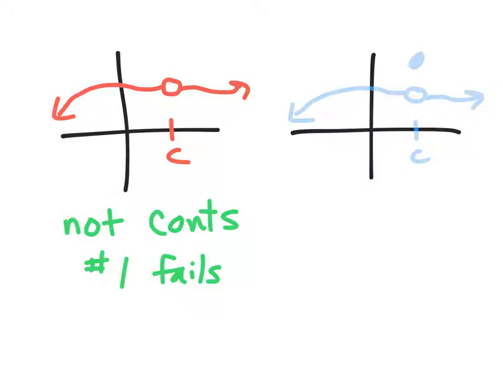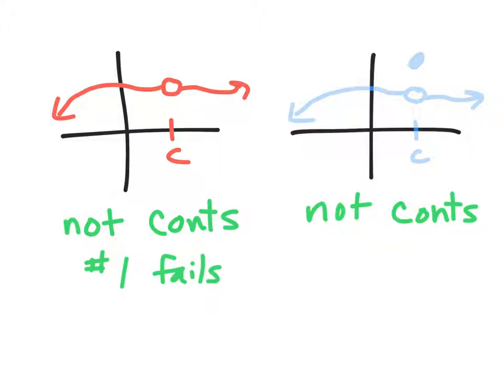So this function is definitely not continuous. We can see a break in the graph where we have that hole. If I go through the three conditions of continuity, condition number 1 says that the point has to exist. Well, I do have a point right here. This value, whatever that y value is right there, that is f of c. So number 1 is true.